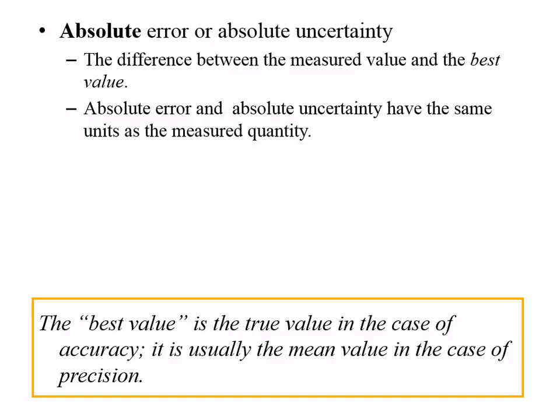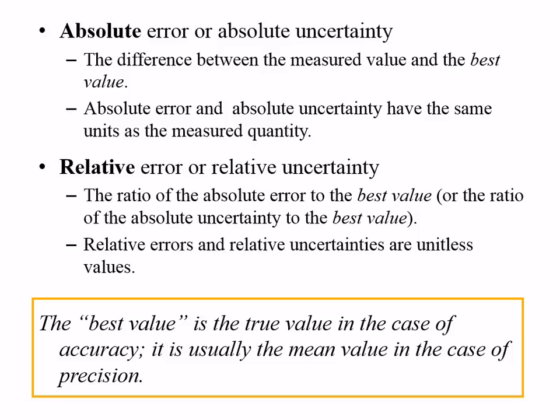All right. So error is the difference between what you got and what the known value is. Absolute error, then, is just that simple subtraction problem. Okay. Relative error is a little bit different, and I think we'll probably do this in one of your calculations down the road.